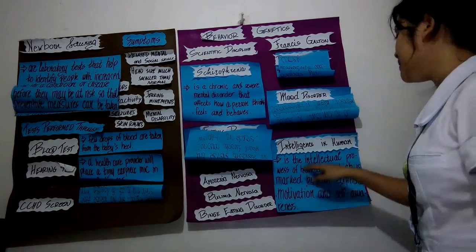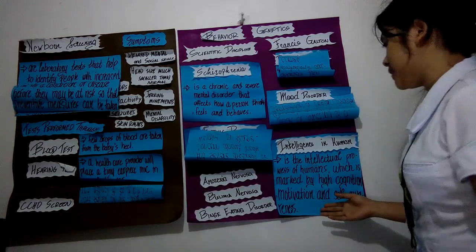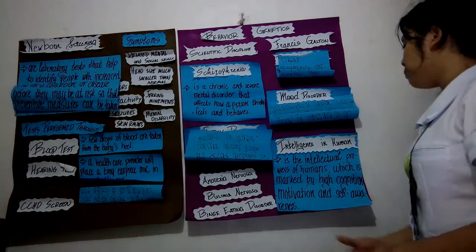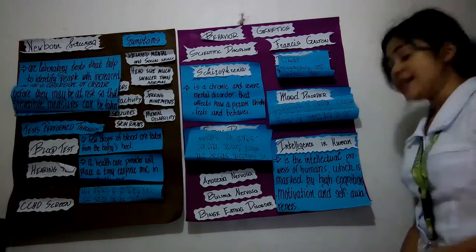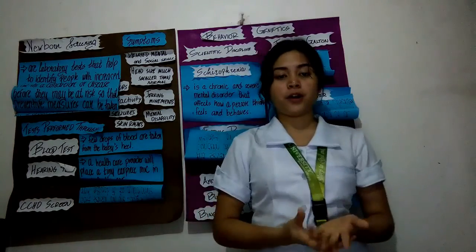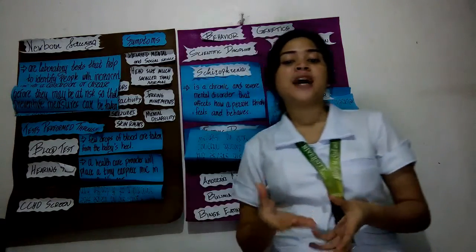Intelligence in humans is the intellectual prowess of a human, which is marked by high cognition, motivation, and self-awareness. Like most aspects of human behavior and cognition, intelligence is a complex trait that is influenced by both genetic and environmental factors.